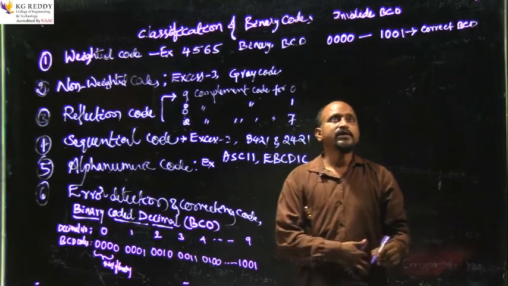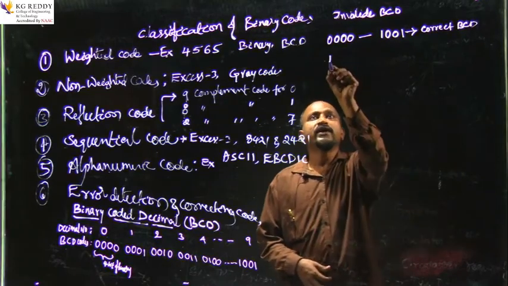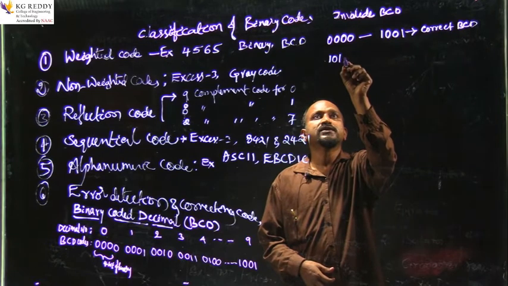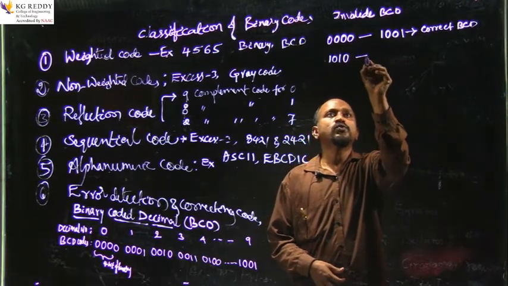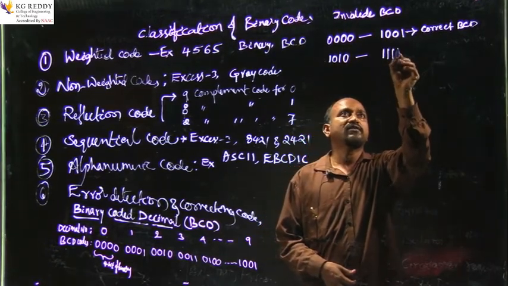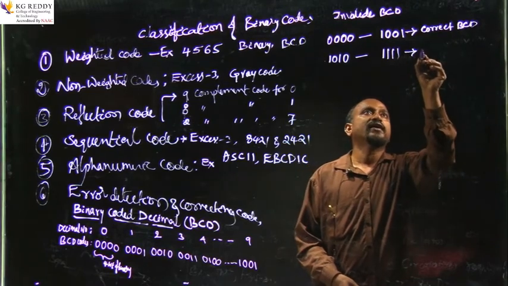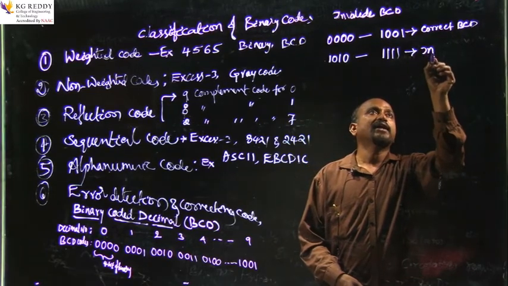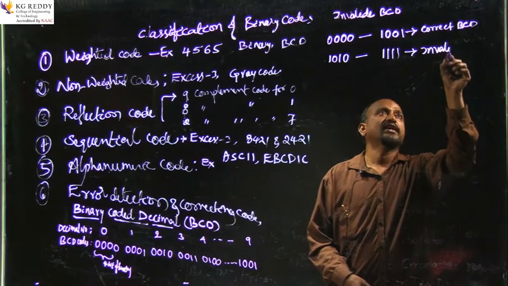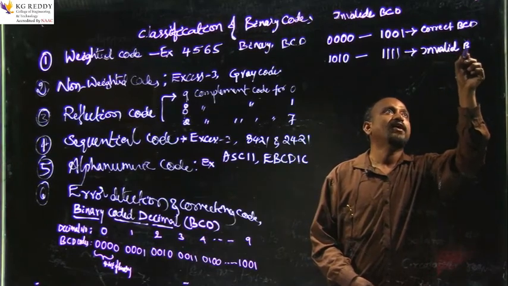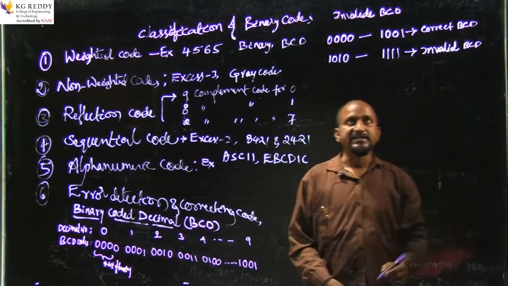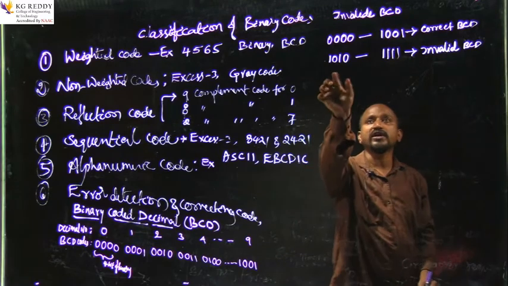From 1, 0, 1, 0 to 1, 1, 1, 1 is invalid BCD, or incorrect BCD. Why are these invalid?